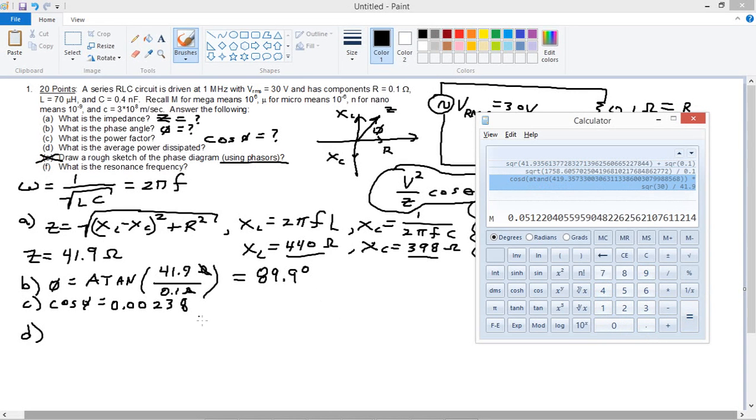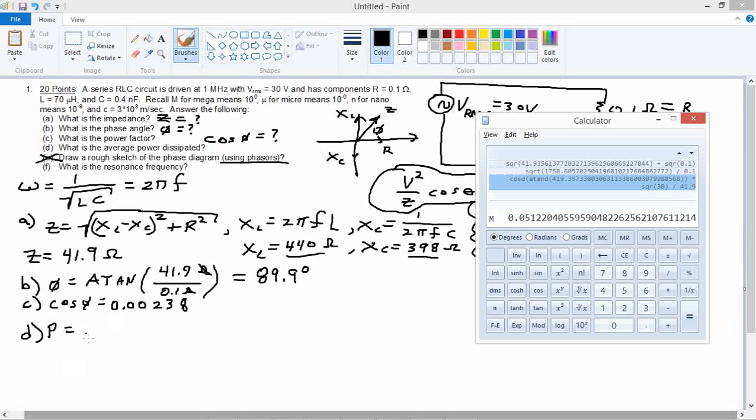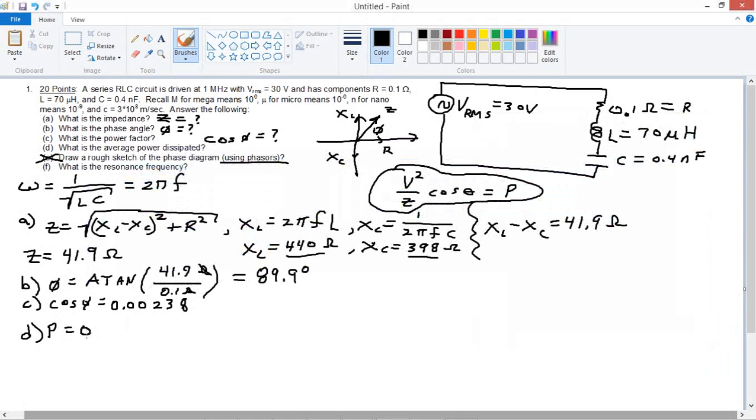Equals. So the power dissipated is, power, not resistance, power, there we go, P. Power dissipated was 0.0512 watts. This is a very good network. If you could build a radio like that, you'd be in really great shape.